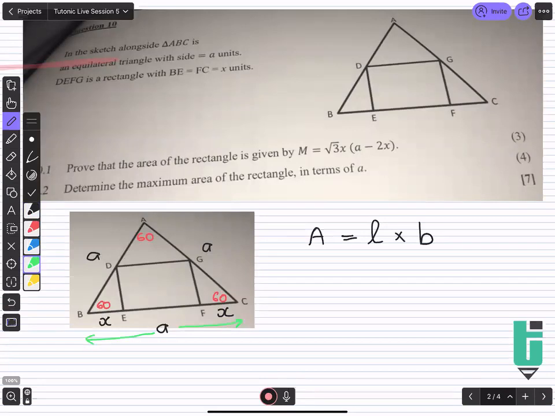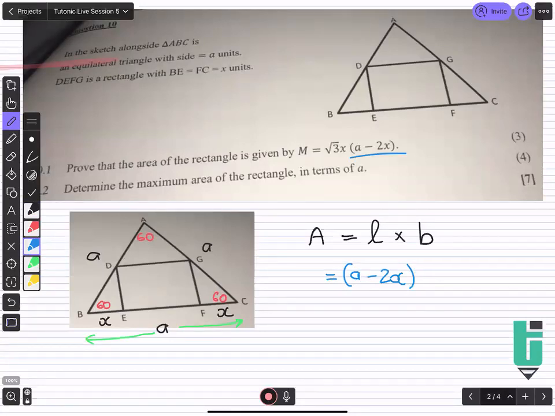Amara, do you see why it's a minus 2x? Yes, because this is x, that's x. So this is just going to be a, which is everything, minus those two x's. Do you agree? Yes. So you've got the a minus 2x part done.